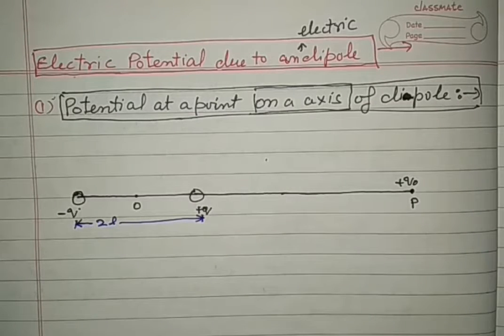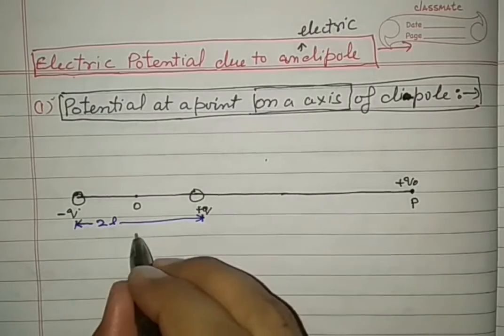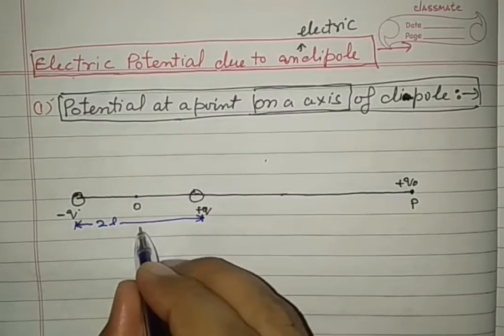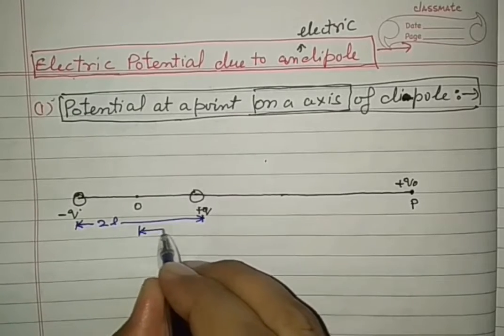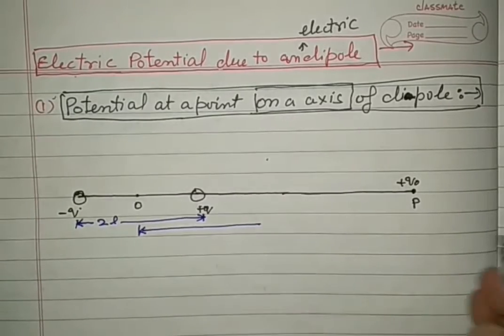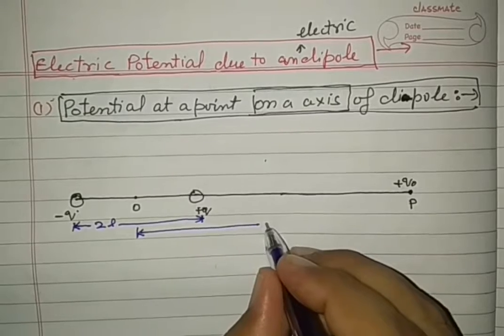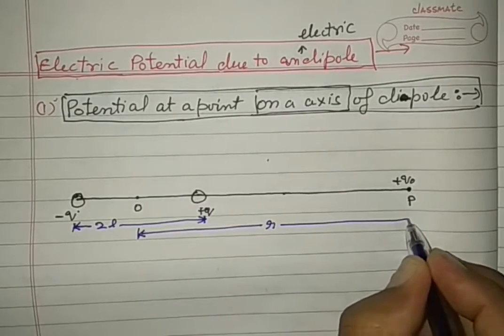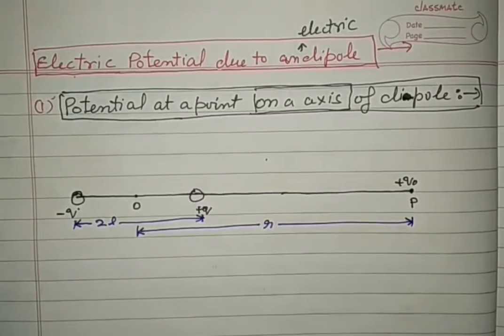This line is called the axis. This point P is at some distance R away from here.